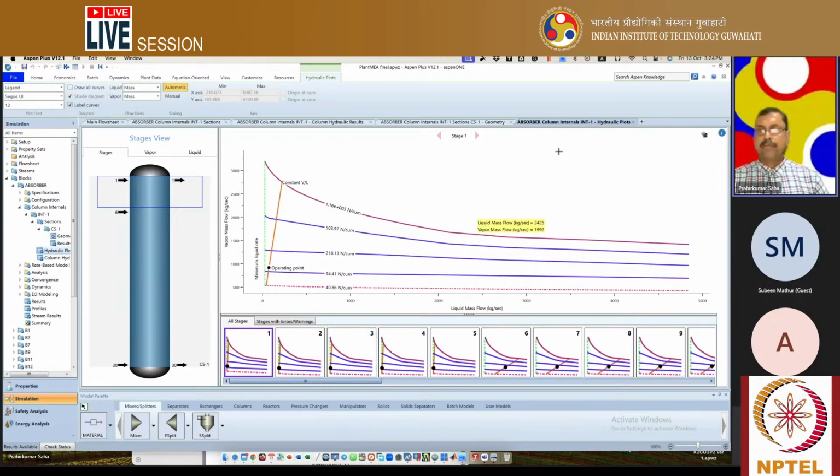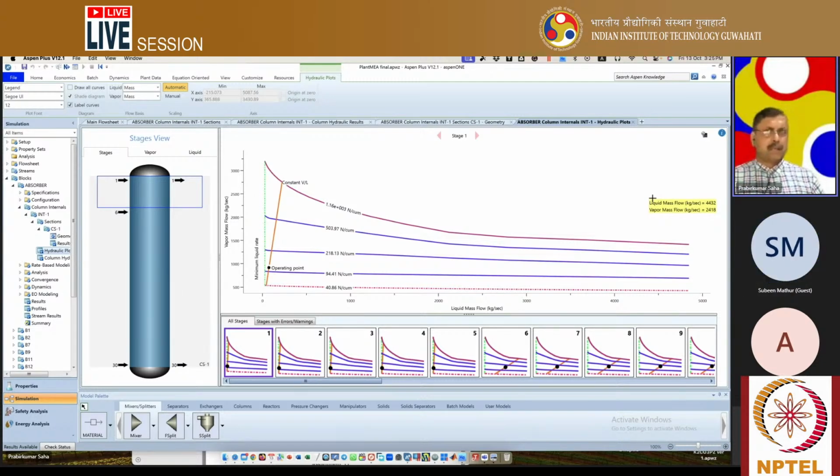Right. More than that, in this particular case, I could see that the diameter of the column is quite high. 24.5 meters seems impractical. So for these types of problems, do we have a number of columns in series? Obviously, if the flow rate is so high, and you feel that it is impractical, up to 30-meter diameter is allowed, I believe.